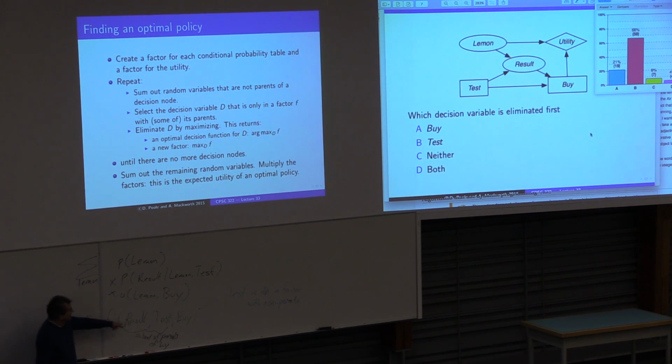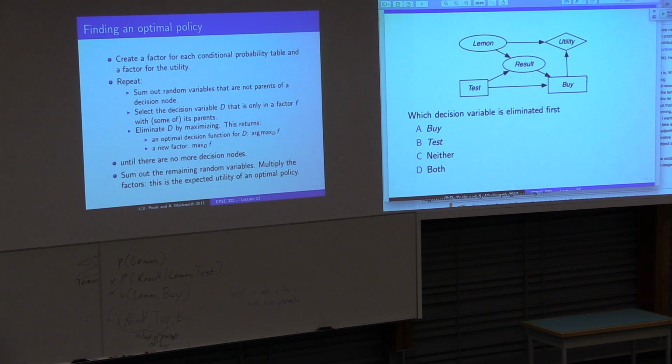So the answer here is bi. We have to maximize bi now. We can't maximize test because we don't know what the result is going to be. We can't say if the result is going to be good, we're going to do this test, and if the result is going to be bad, we're going to do this test. We can maximize bi because we know what the results and the test are.